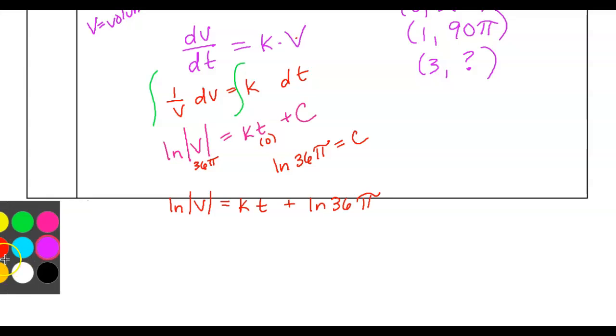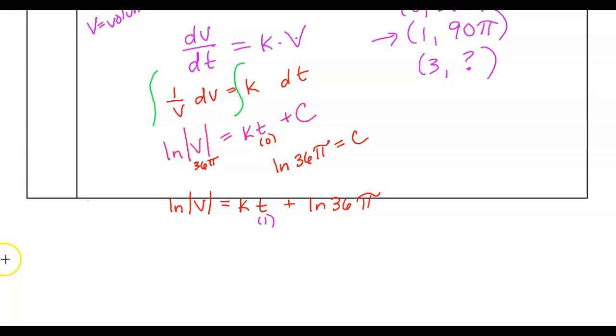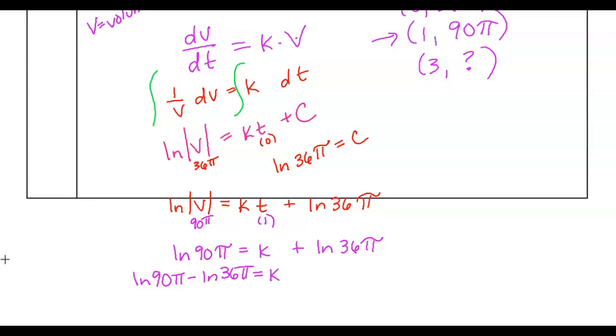Then I want to use my second condition. So I know t equals 1, and my volume is 90 pi. So natural log of 90 pi is equal to k plus natural log of 36 pi. So subtract natural log of 90 minus natural log of 36. Remember, I can't just subtract those.